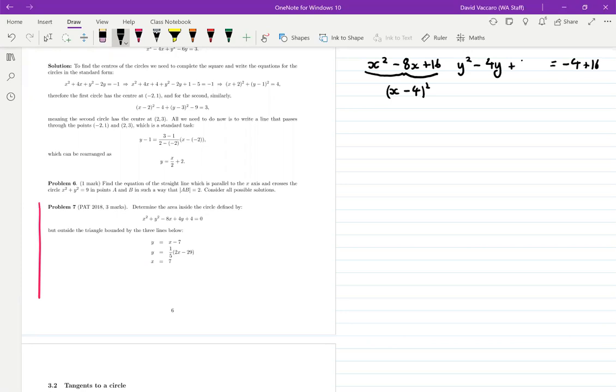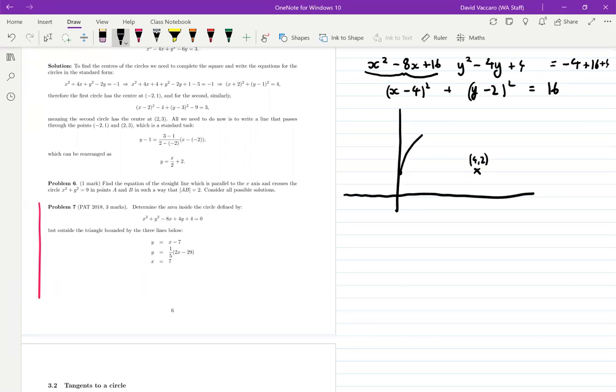And if I add 4 here, I end up with y plus 2 squared. So I get x minus 4 squared plus y plus 2 squared equals 16, which tells me that the center of the circle is at 4, negative 2. The radius of the circle is 4.